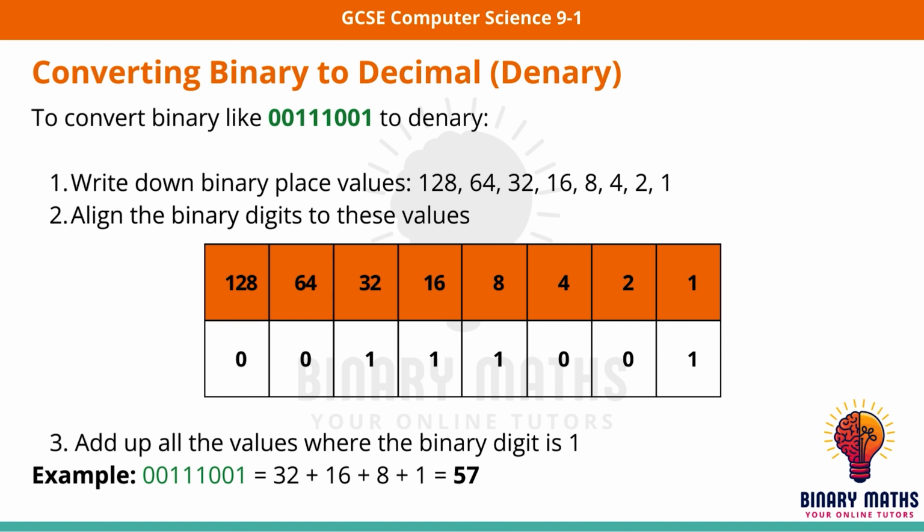We can see from the example on the screen that 00111001 has ones under the 32, 16, 8 and 1 spots. Therefore, what we need to do is add these values together from the place value. So 32 plus 16 plus 8 plus 1. When we add those numbers up, it gives us the denary number 57. So the binary number 00111001 equals 57 in denary.